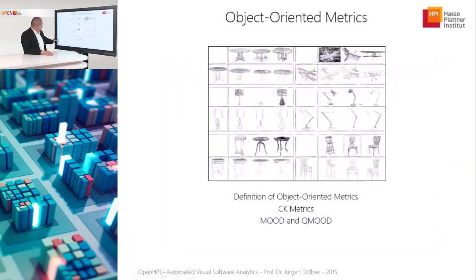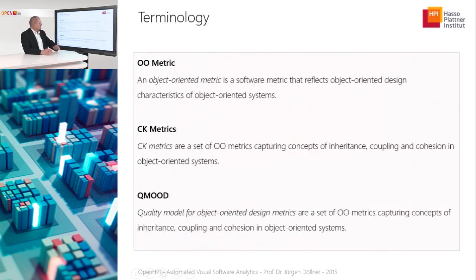This concludes this part. Let's see which terminology was introduced. We introduced the object-oriented metric, defined as a software metric that reflects object-oriented design characteristics of object-oriented systems.